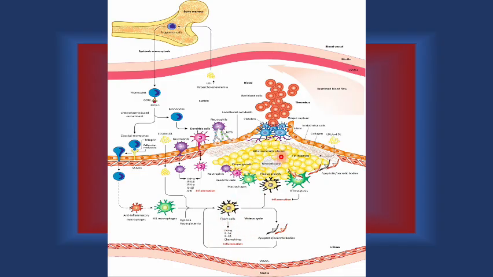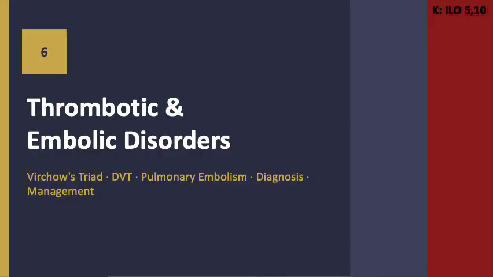Foam cells migrate to the endothelial lining in the vessel. Something happens, you have a disturbance in the structure, the plaque ruptures, and it causes platelets to aggregate, and then you have a clot that's going to form. Okay, so that's going to conclude the atherosclerotic topic.